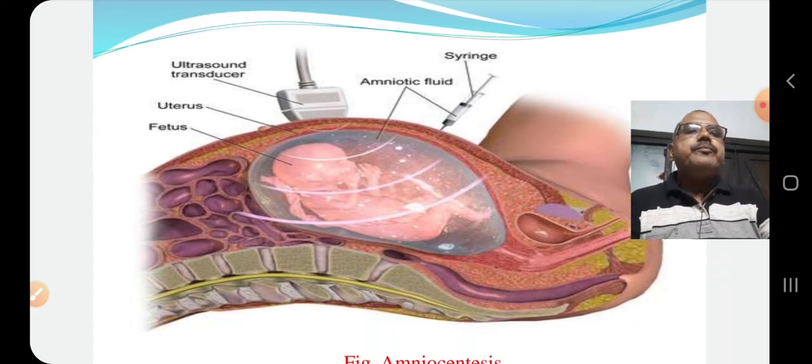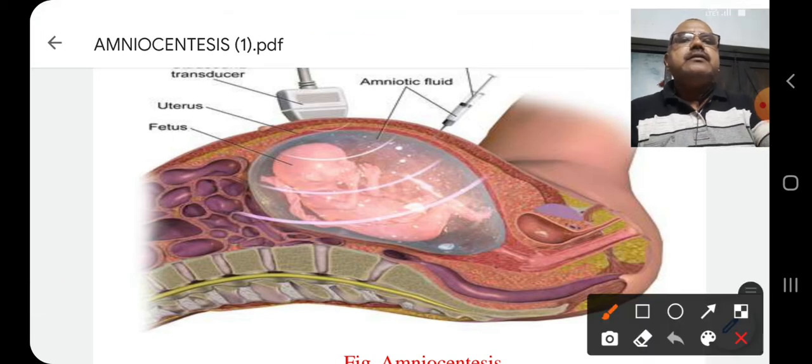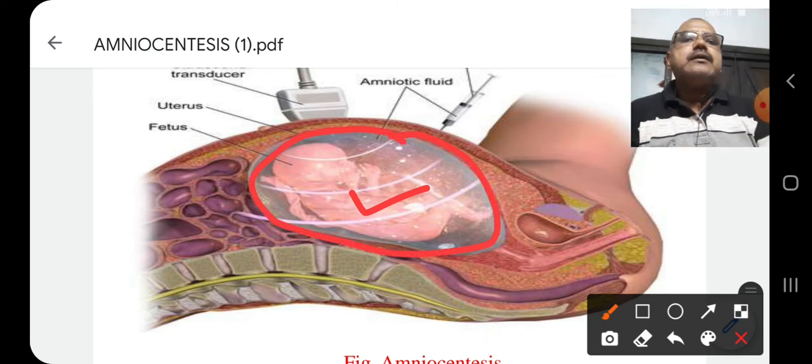This is the diagram of amniocentesis. In this diagram, you find that the fetus is present inside the uterus. It is surrounded by the amniotic sac, which is filled with amniotic fluid. This fluid protects the fetus from shock and injury.